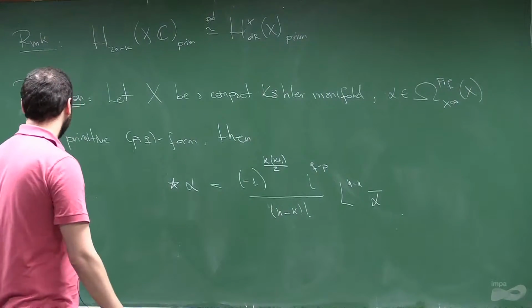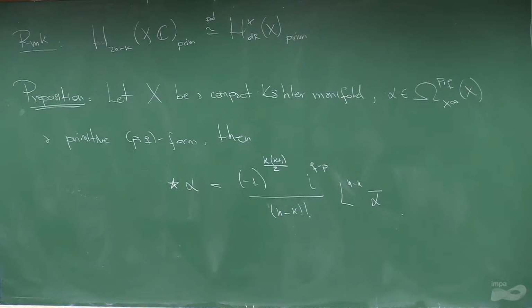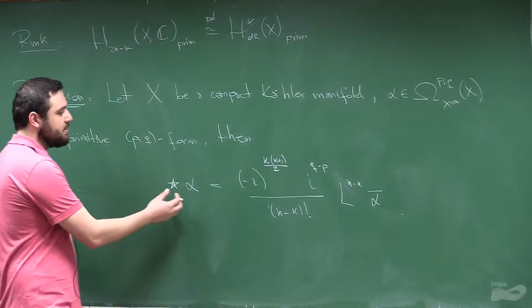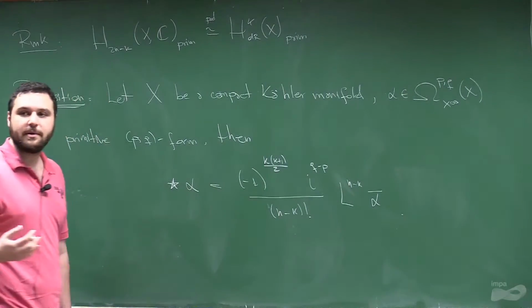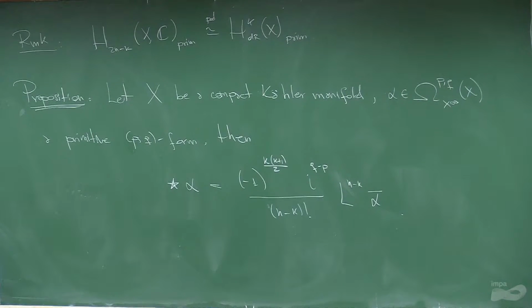Well, this proposition I won't prove it. It's quite long again, and since these operators are just defined in terms of the metric, of the value of the metric at the point, you can assume that you're in Cn with the standard constant metric.